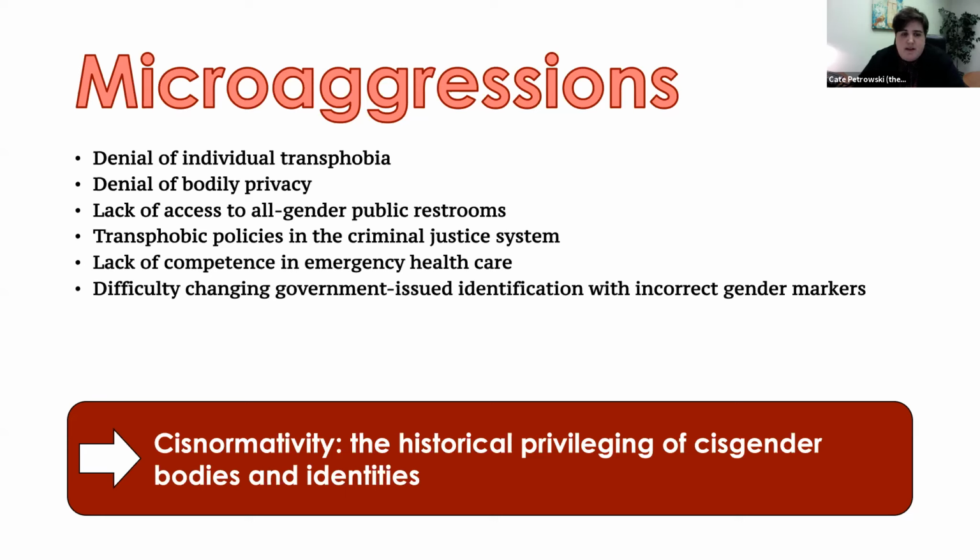And there can also be lots of challenges and roadblocks, like financial issues, when trying to change IDs that have incorrect gender markers, or even things like changing their name. It can be really difficult to do that sometimes. These last four examples that I talked about are more systemic examples of microaggressions rather than interpersonal, person-to-person microaggressions.